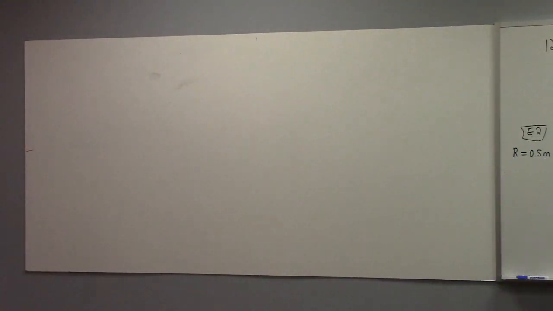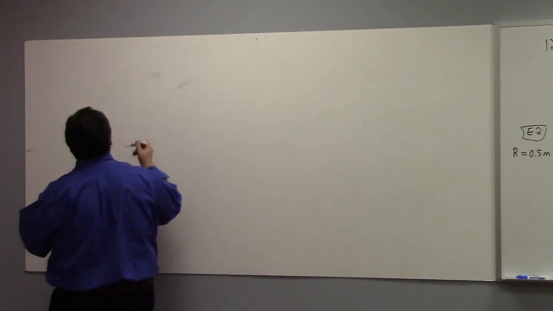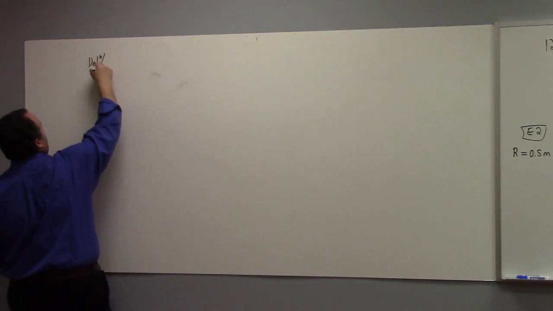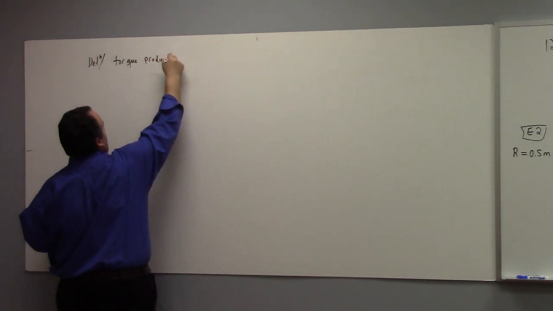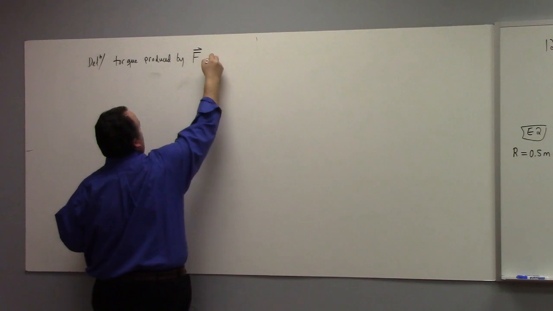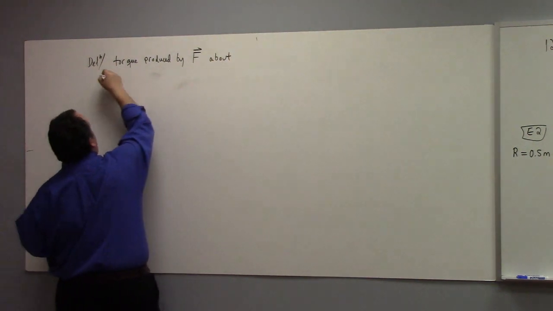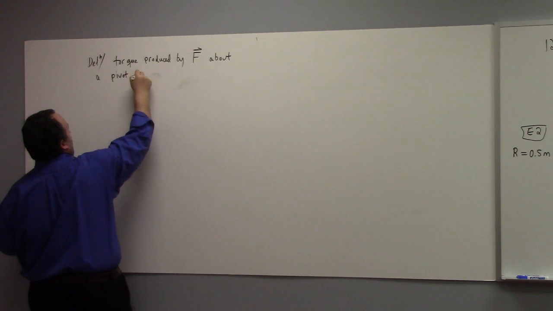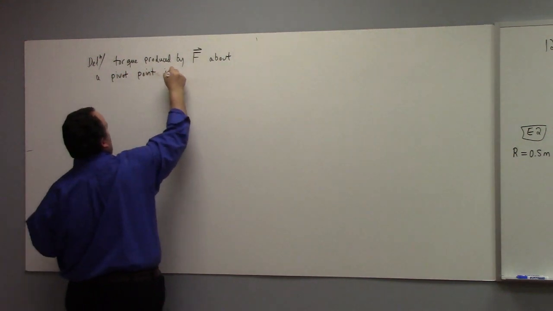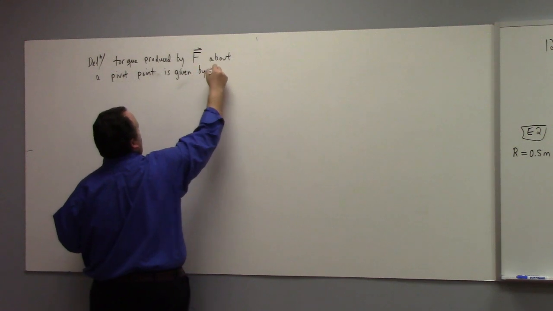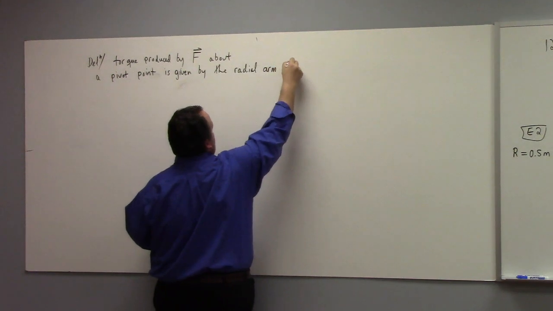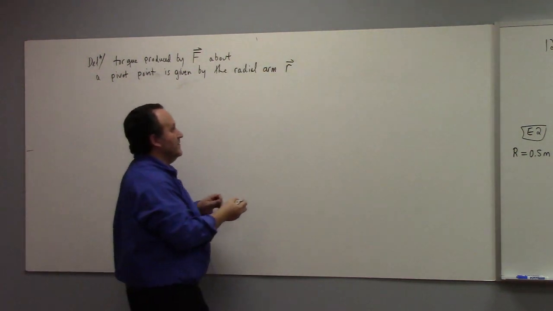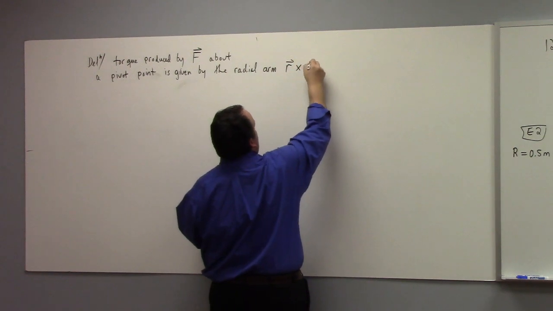So the proper definition of torque, all right? The torque produced by F about a pivot point is given by the radial arm, R vector, crossed with the force, and that's the cross product.